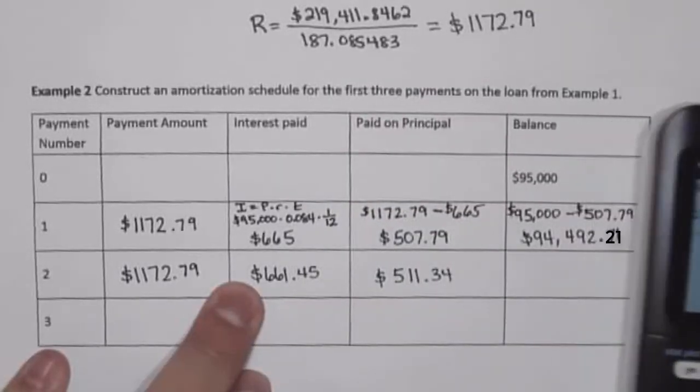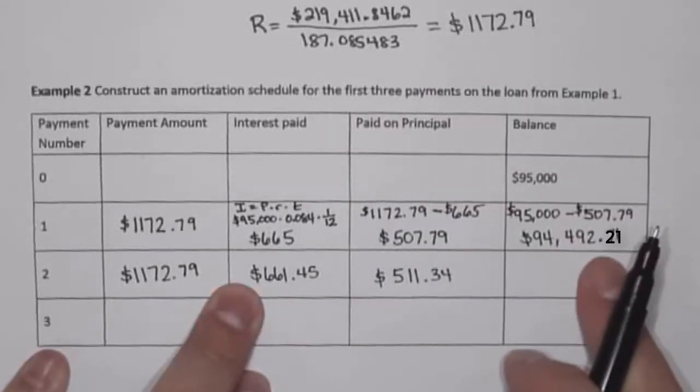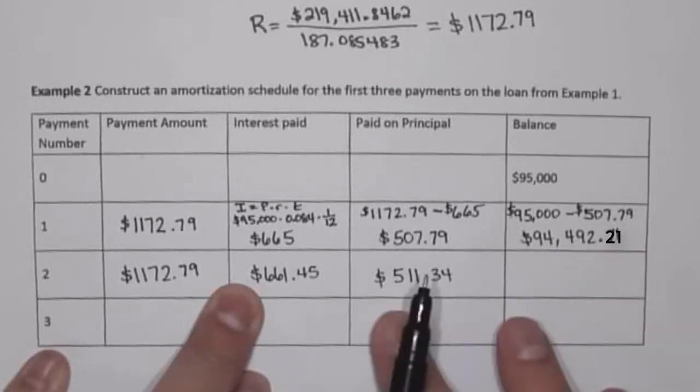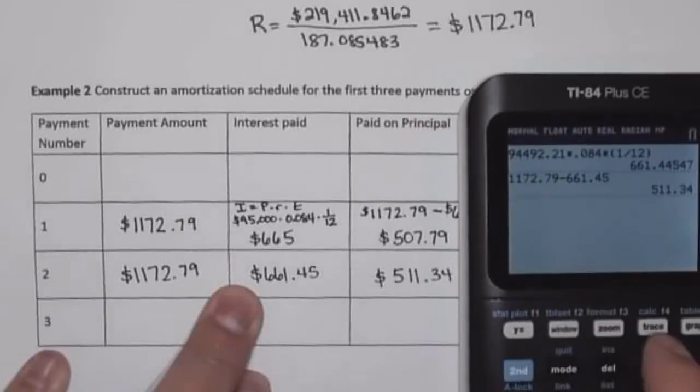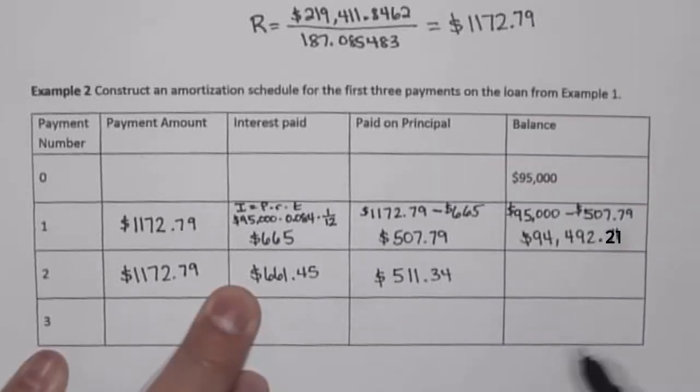And so now if I take the $94,492.21 and subtract off that amount that goes towards the principal, so $94,492.21 minus $511.34, that is a balance still of $93,980.87.